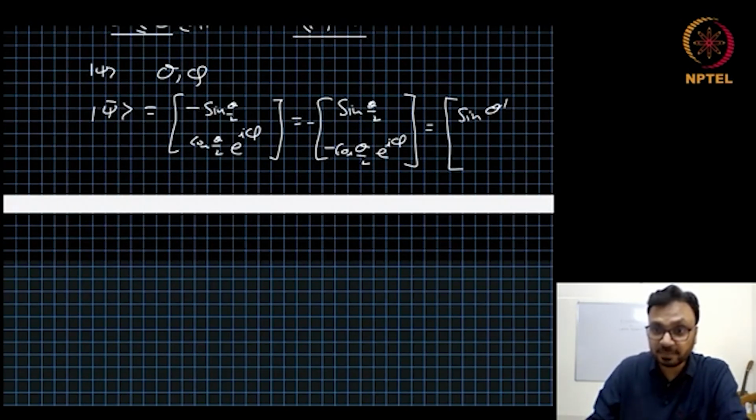We want to write it in the canonical form, so it's cos of theta prime over 2 and sine of theta prime over 2 exponential of i phi prime.